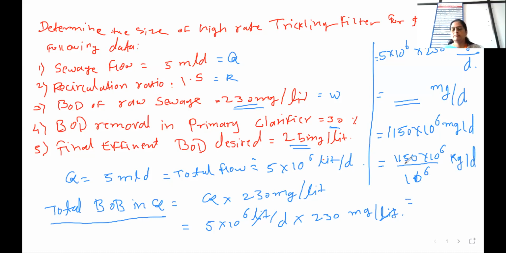So the answer is 1150 kg per day. Your final answer: total BOD is 1150 kg per day.